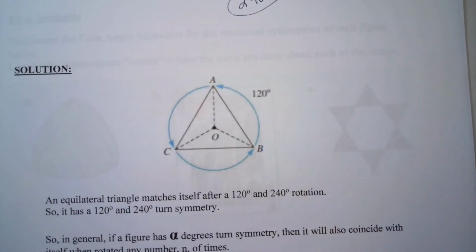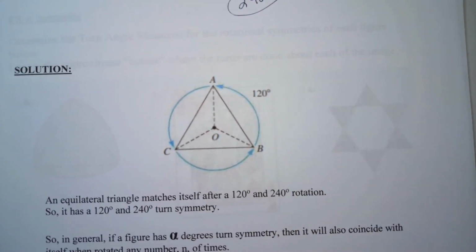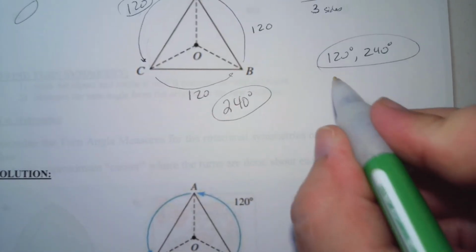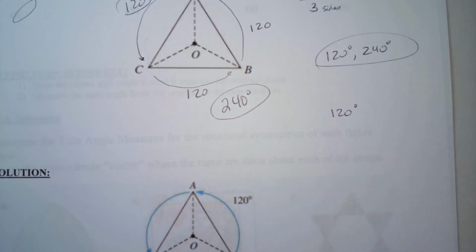And there you have it. It's just nice to look at it. Alright. So if you look at, we have 120 degrees rotation. We call that alpha.